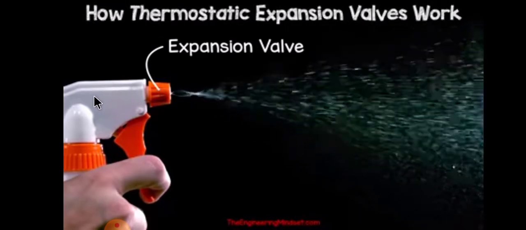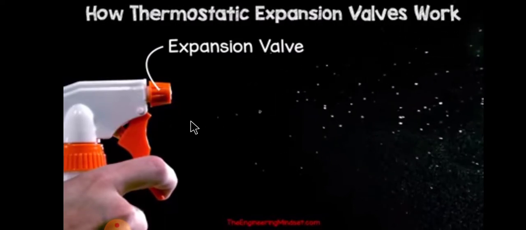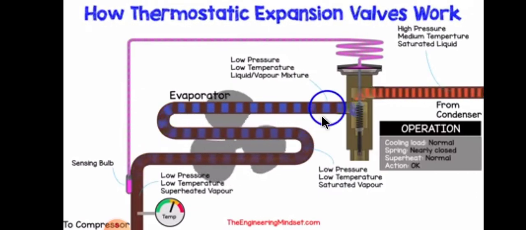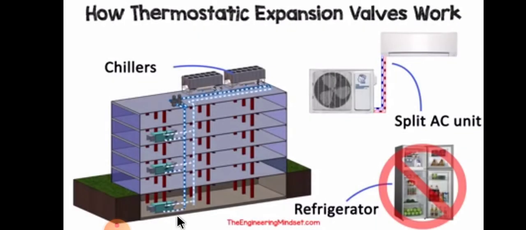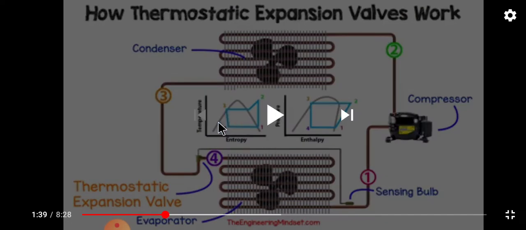The liquid from the condenser, when passed through the expansion valve, is sprayed into the evaporator line, and when it is sprayed it becomes a mixture of liquid and vapor, like an ideal cycle, like the picture I have shown. When the expansion valve sprays 100% liquid into the evaporator coil, the temperature gets lower and it is in the form of a mixture of liquid and vapor.